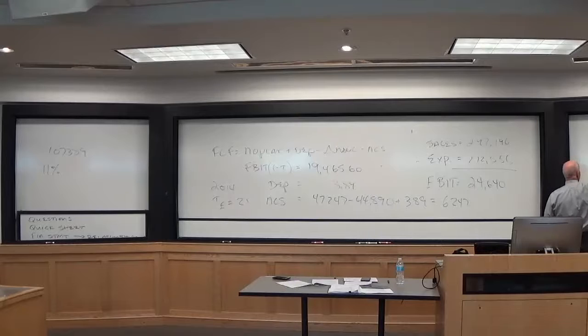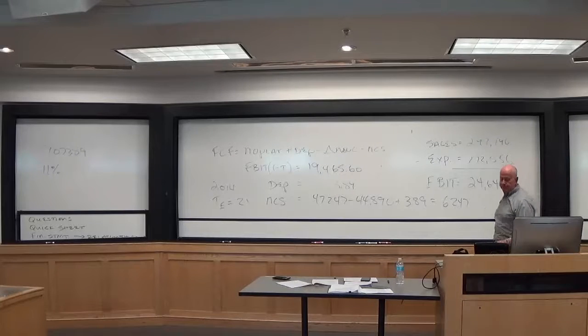So let's look at net working capital from time 1 and net working capital from time 0. Current assets minus current liabilities. What's the net working capital for 2014? I'm sorry, say that louder, please.